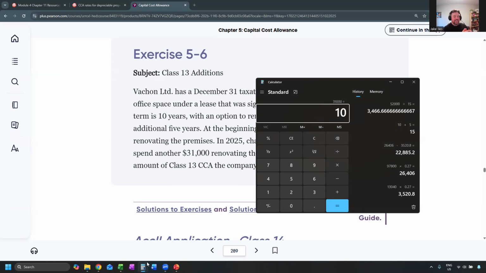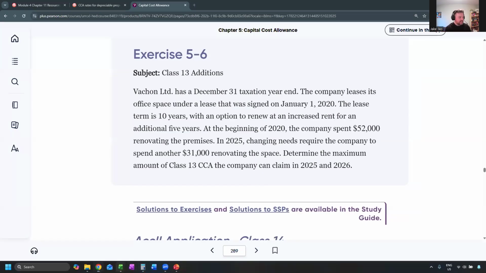So to amortize this addition, we'll have to claim CCA of $3,100 every year. So in this year, we'll claim the $3,100 for this year's additions, plus the $3,467 that we're still claiming from our renovations 5 years ago. So our total CCA will be 6,567.